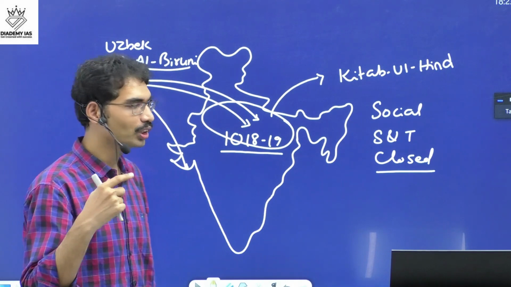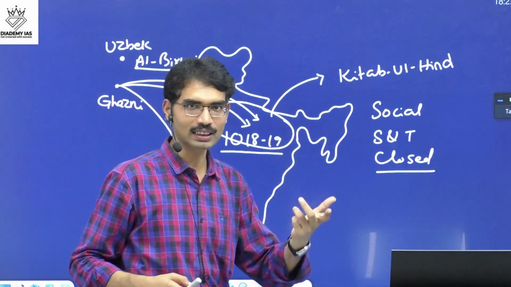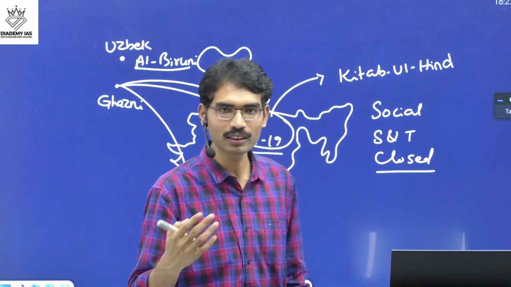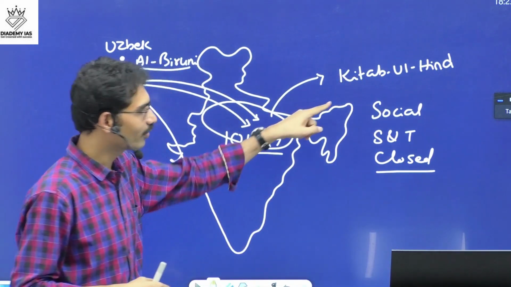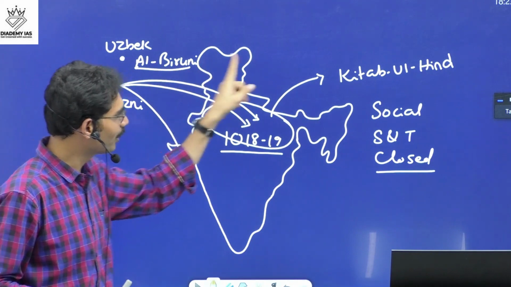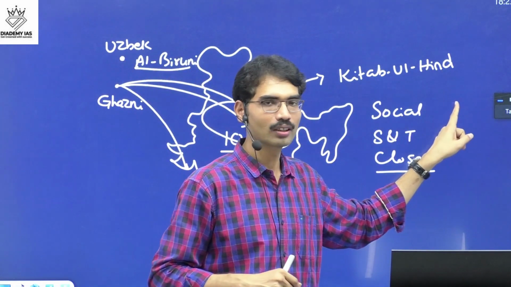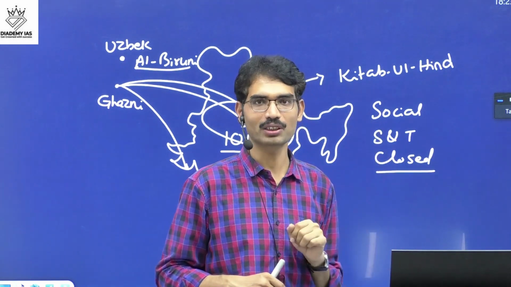Like during the Mauryan time period, Megasthenes came to India, observed, and wrote a book called Indica. Similarly, in the 11th century, Al-Biruni observed this.